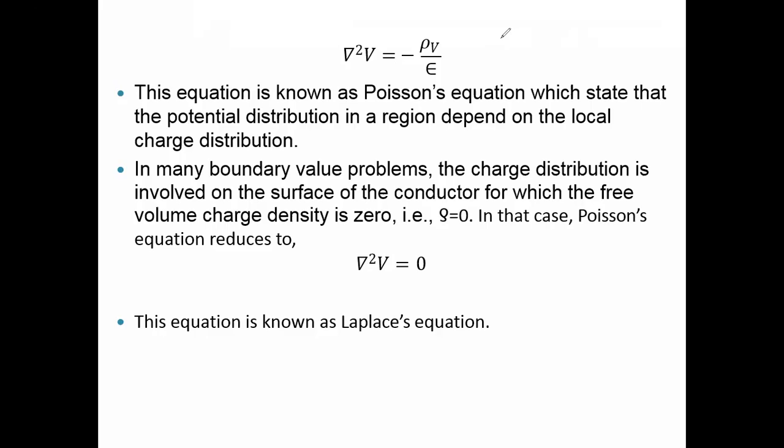The charge on the surface of a conductor is always zero. So if charge is zero, what is the value of rho v?